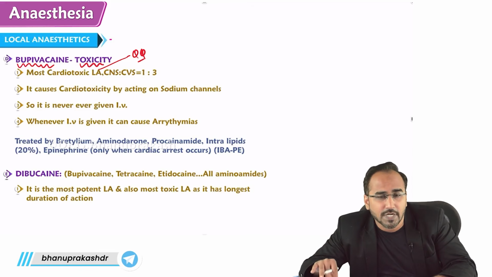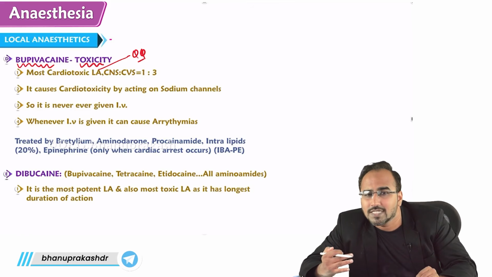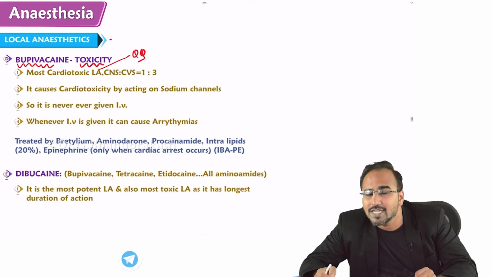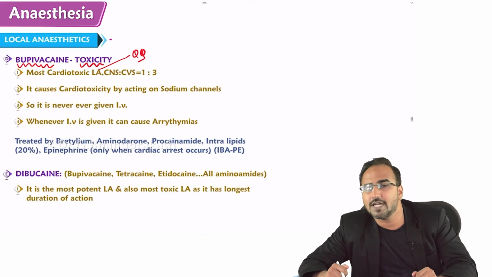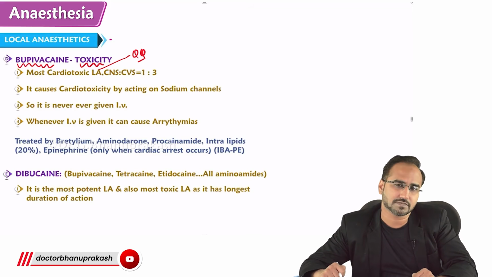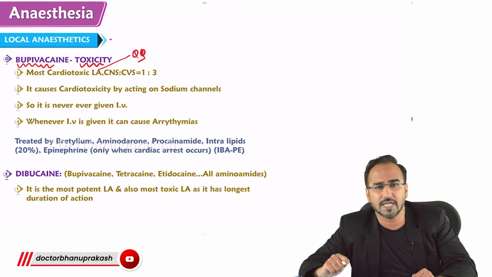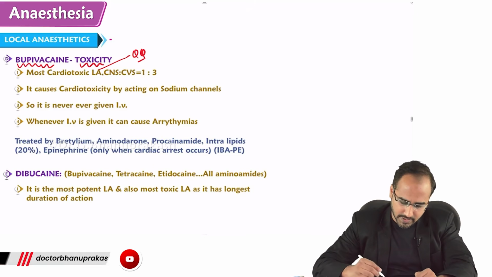The main management of Bupivacaine toxicity is you can give an antidote against Bupivacaine. What is that antidote called? 20% intralipid solution. Once again, percentage is very important. What's the percentage? 20% intralipid solution.